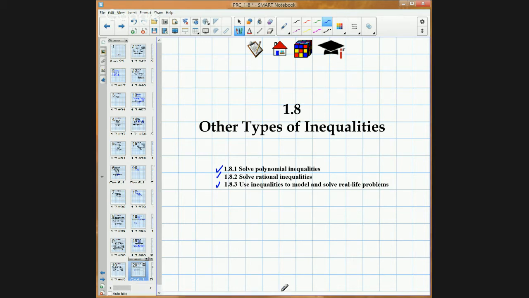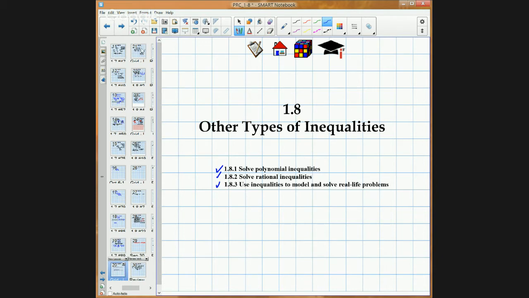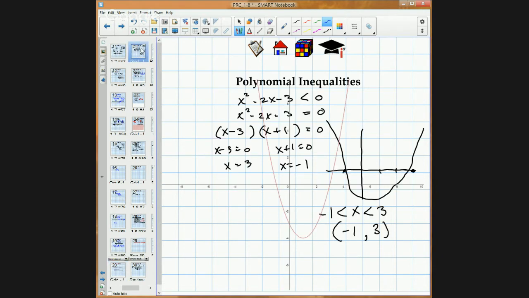So let's take a look at our first example of a polynomial inequality. x squared minus 2x minus 3 is less than 0. In a quadratic, we've never used anything other than an equal sign there.